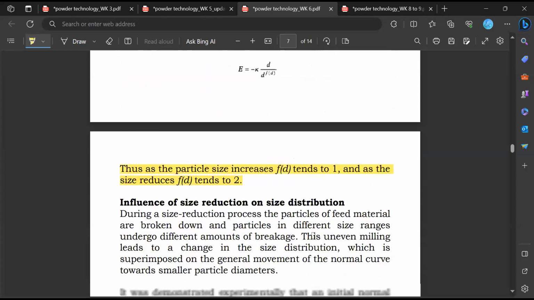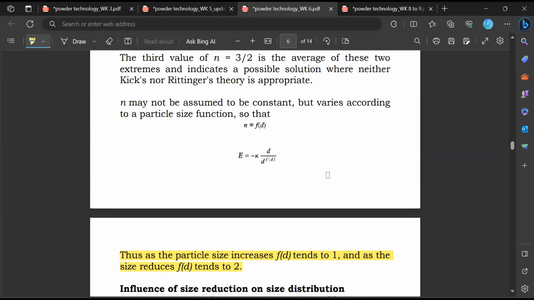Then when we're looking at this equation where we have to find n, when the particle size increases, this f function of, I think it's a function of this diameter, I'm not too sure, tends to be 1, and as the size reduces, it tends to be 2.